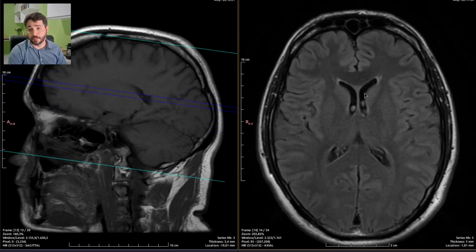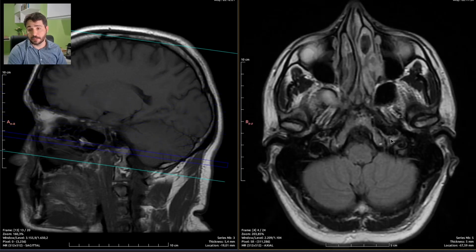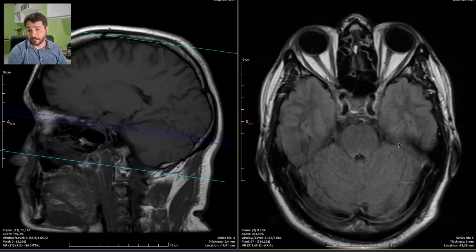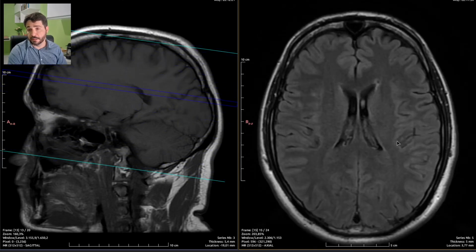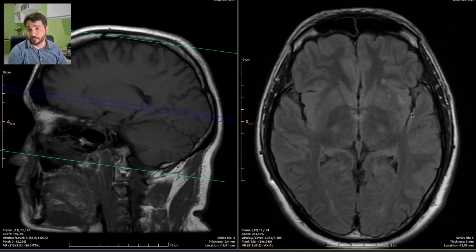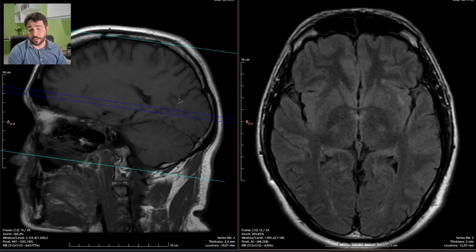So normal brain fluid is black, and any disease should be bright. So this is great to look for pathology, but isn't that great for morphology. So for morphology we go for the actual T1 and T2 sequences.